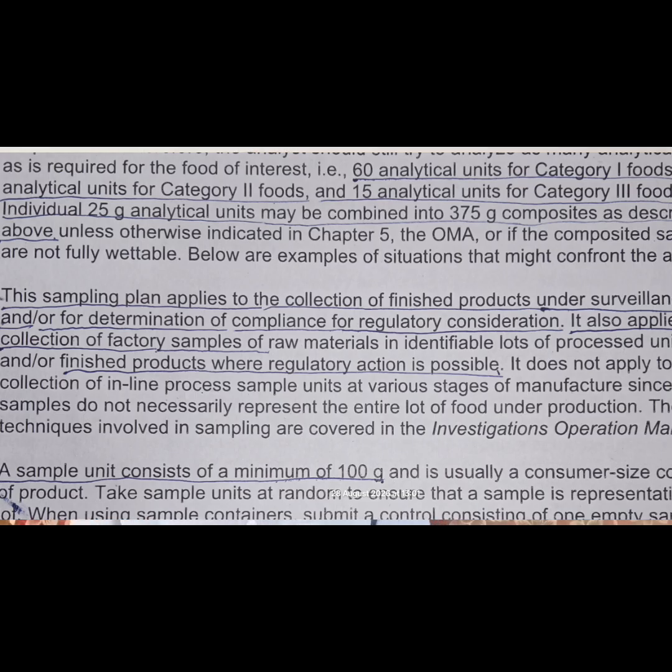To reduce the analytical workload, the analytical units may be composited. The maximum composition is 15 analytical units.